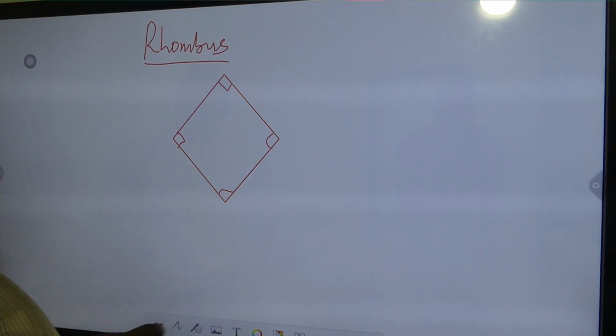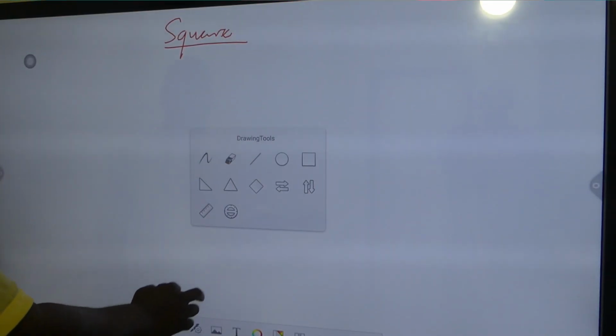Another one we are going to look at is the square.